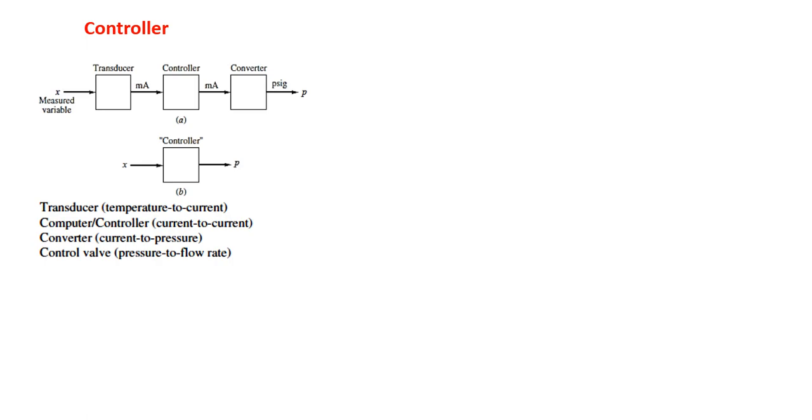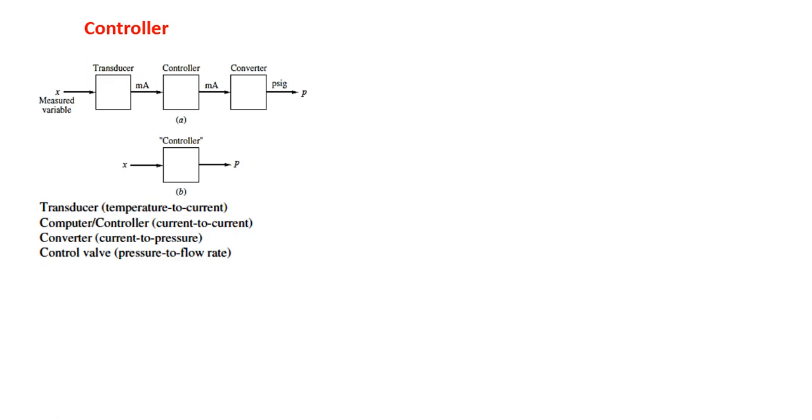Moving further, then comes the controller. Now what is a controller? As told, the controller is the brain of a control system which decides what is to be done next. The controller comprises three components: the transducer, the controller itself, and the converter.